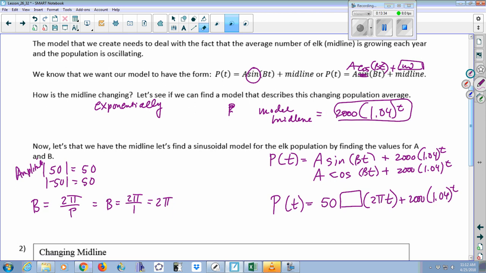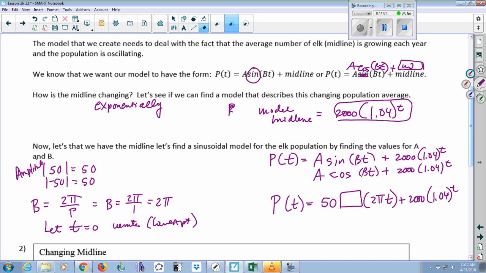Your choice of where to start recording, out there in the field, when you start recording the population of these elk, is up to you. If we start at its low point, which is the winter, so let t equal 0 be the winter, when we're at our lowest point, then we know that's a negative cosine model.